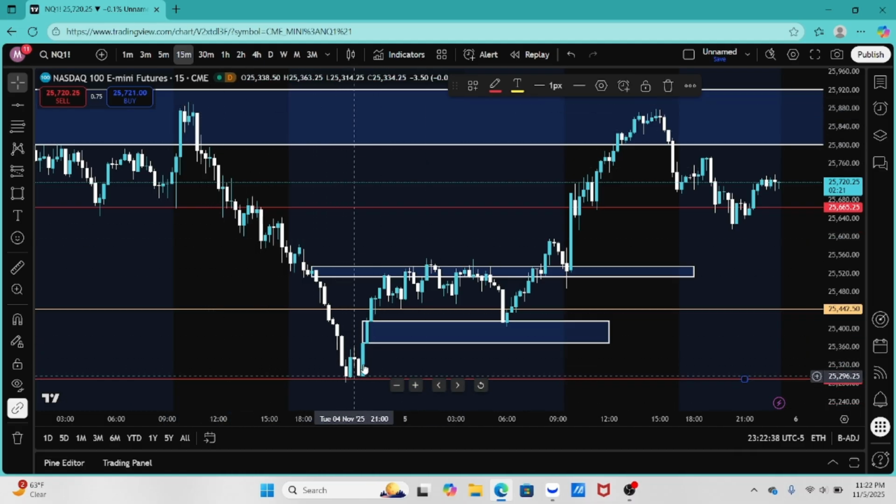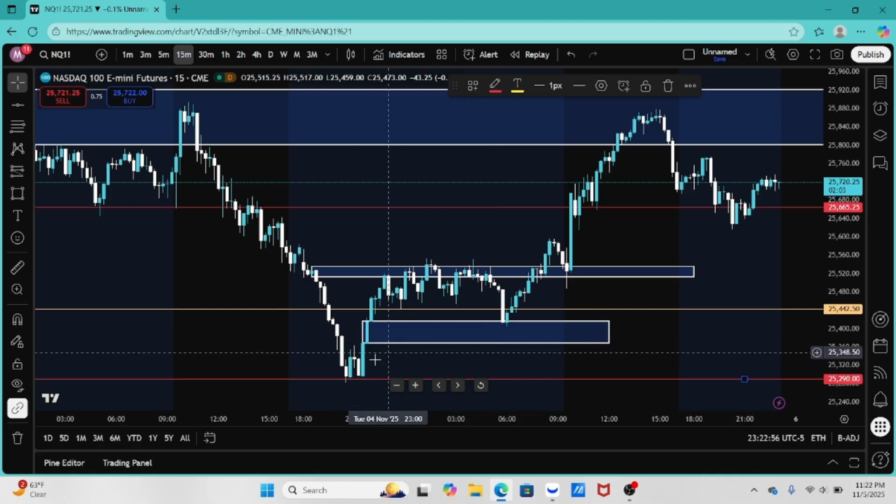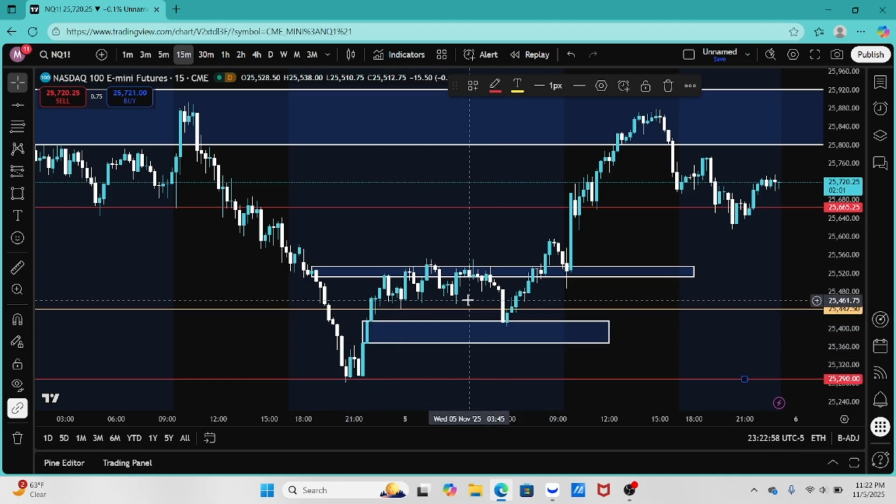Because we have key level, displacement higher, reaction off the order block, rejection, takes out minor sell side liquidity, reaction to a fair value gap. Because if price wanted to go lower here, it would have traded below this gap, took out these lows, took out this minor sell side, comes into this gap, and then displaces higher, creating new highs.